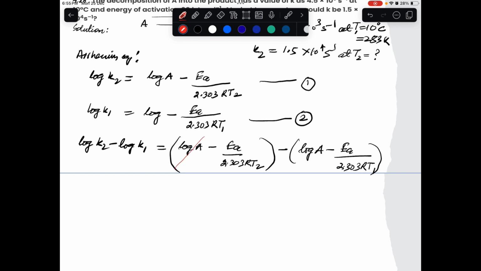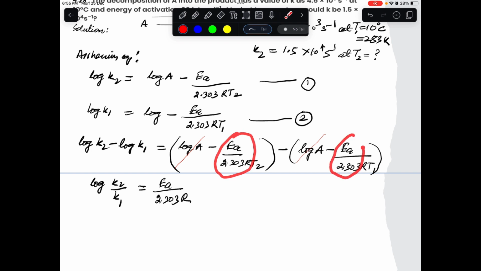Because the second log A will be a negative value, after simplification we can write the same equation as log K2 by K1 is equal to EA divided by 2.303 R. This part is common in both the leftover terms, so we will take it as a constant.